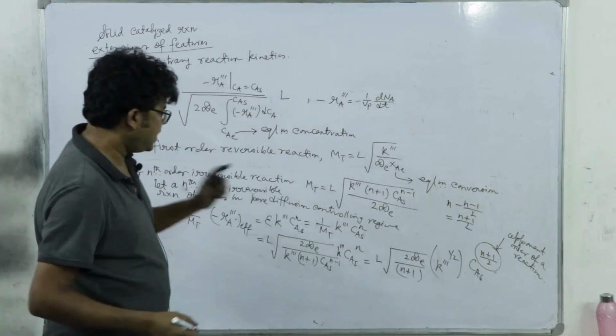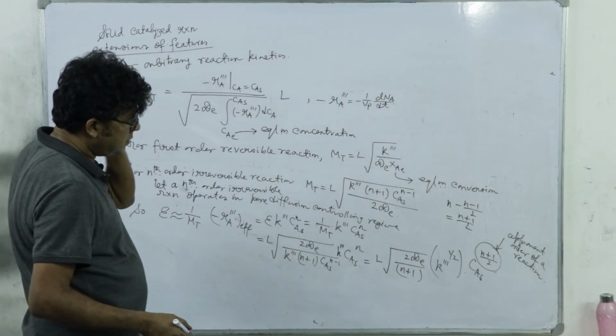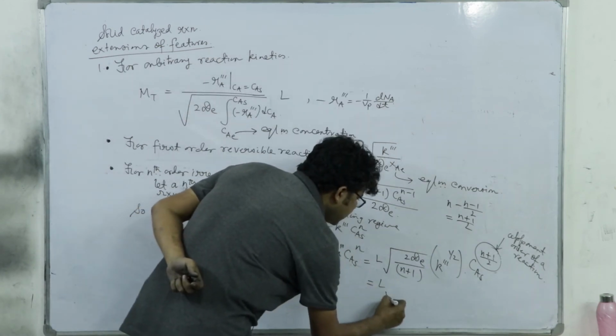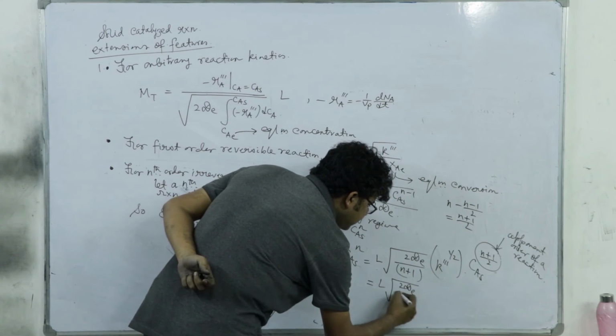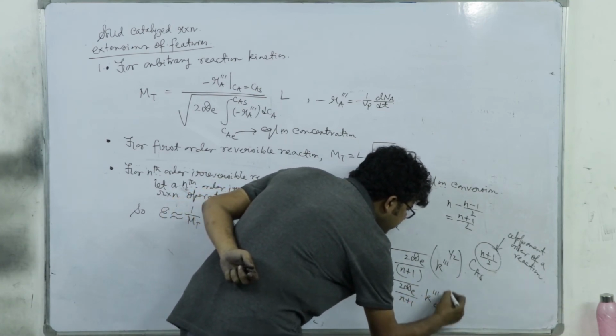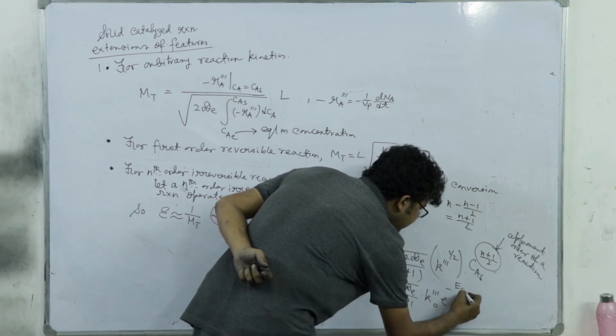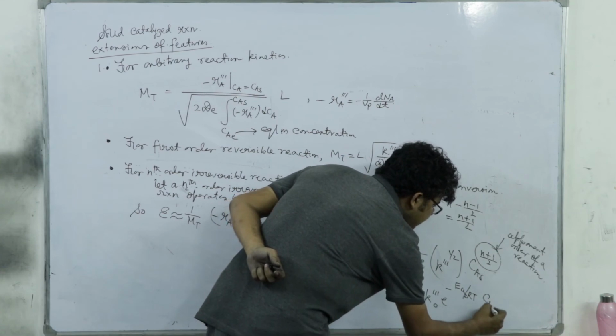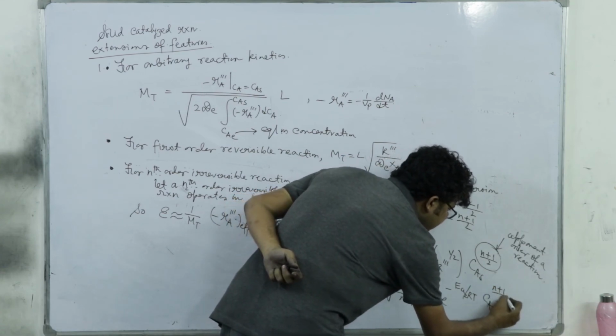Additionally, we can write L, 2D divided by n plus 1, into k triple prime 0 into e to the power minus E activation by 2RT, into Cs to the power n plus 1 by 2.